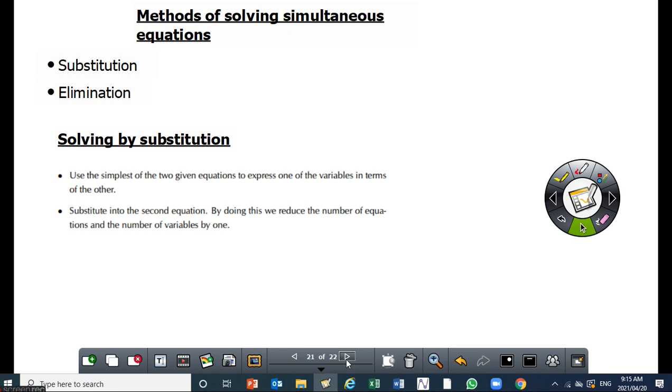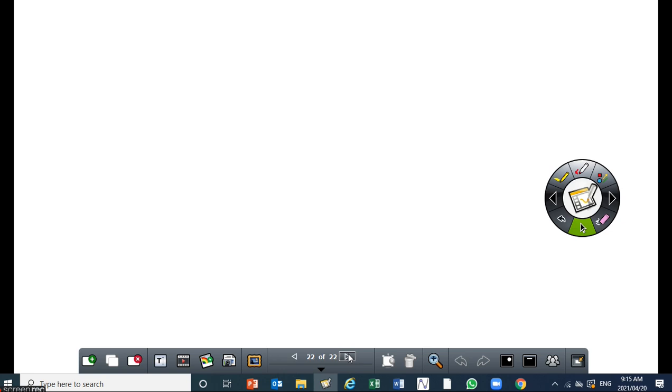So let's start by solving a pair of simultaneous equations using substitution. I'm going to do an example just now. So just write the heading, examples.